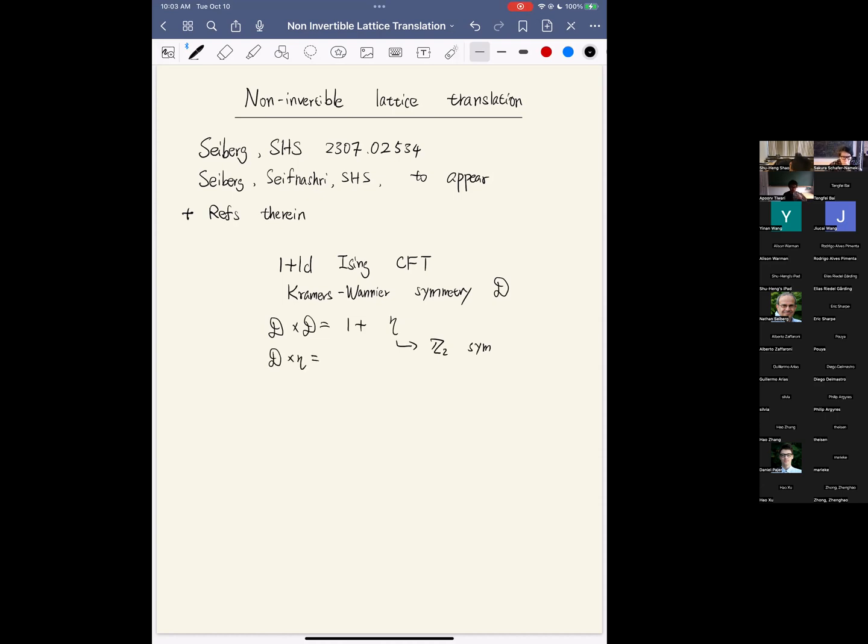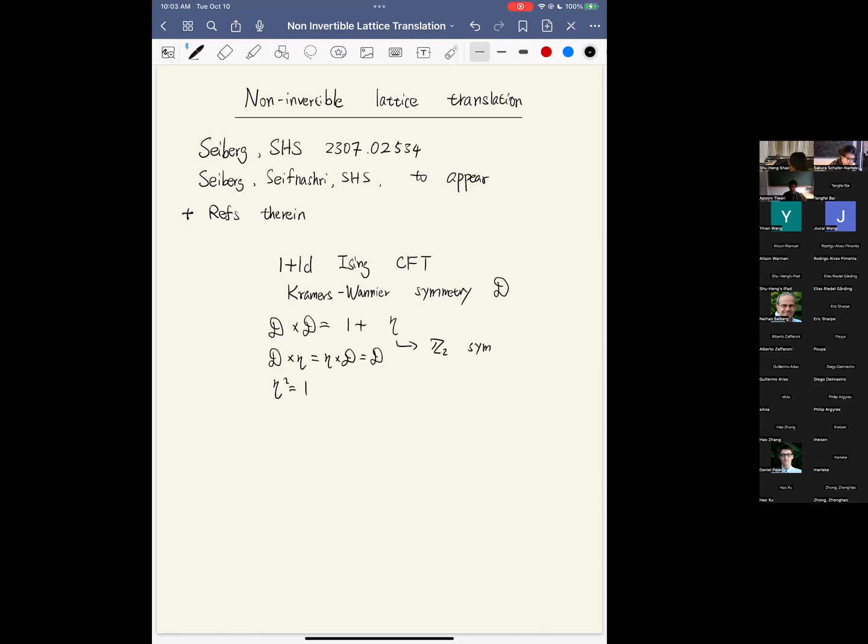There are two more equations. Let me just quickly write them down. And eta being a Z2 symmetry means that eta squared is 1. What's interesting about this object D is that it's not invertible. There isn't an inverse such that D times D inverse is just 1.